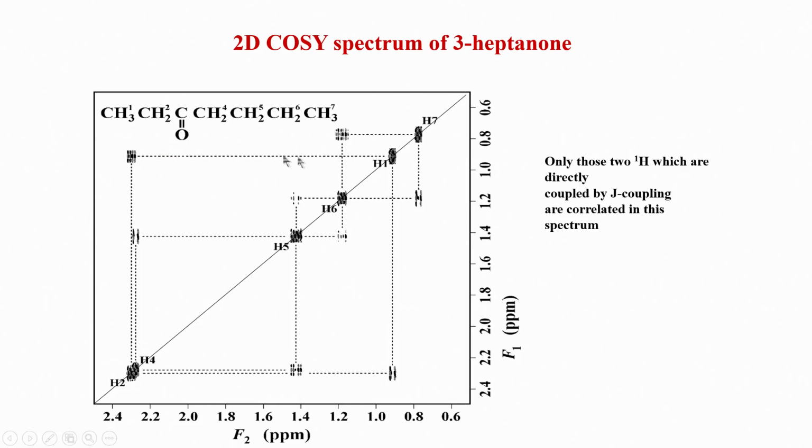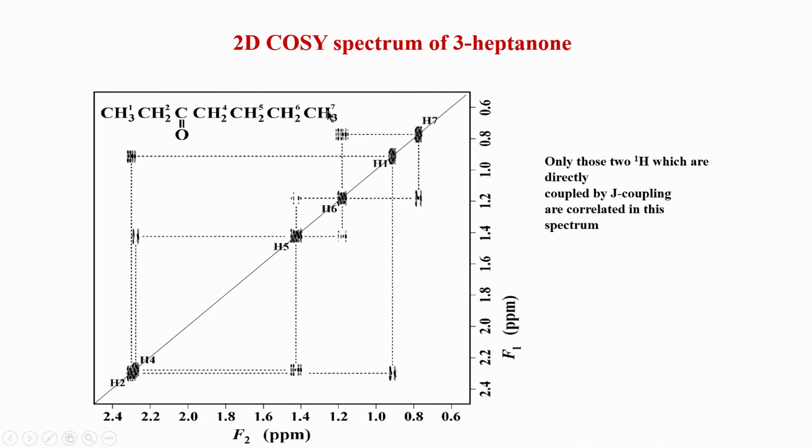So, this is an example of another real spectrum. This is taken from a book, Neil Jacobson's, and you can see here these are all different atoms. These are all different correlations observed between different hydrogens. You can see here only those two protons which are directly coupled by J coupling are correlated in this spectrum.